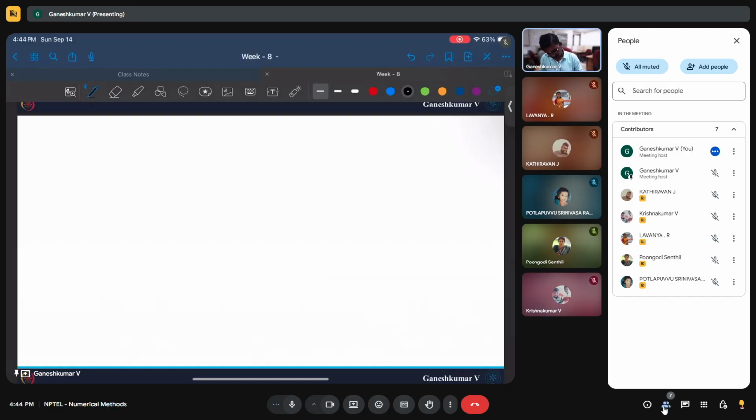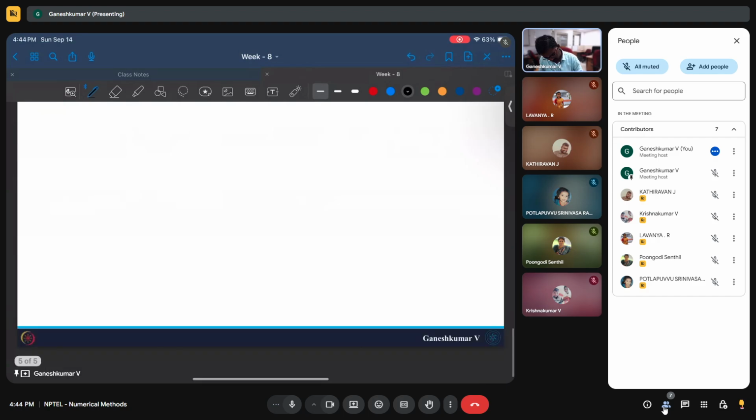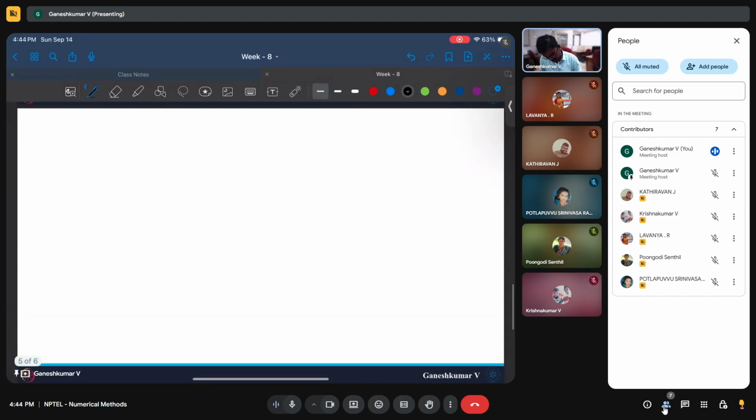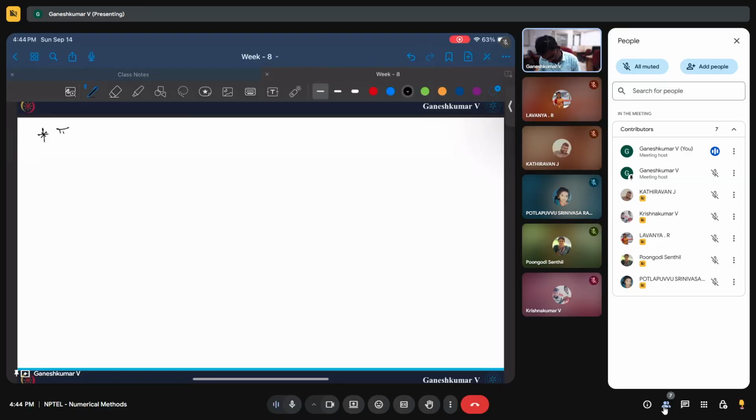So the homework is, please do this. Take step size h equal to 0.2, and then evaluate y at 0.2, and then use this as your y naught.